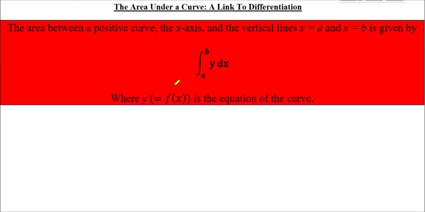The area between a positive curve, the x-axis, and the vertical lines x equals a and x equals b is given by integrating y with respect to x between the limits of b and a, where y, which is one and the same thing as f of x, is the equation of the curve itself. So again, the things in red are the crucial take-home points, this being the main thing you need to remember and apply from today.